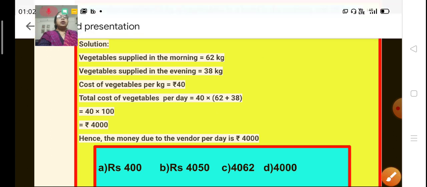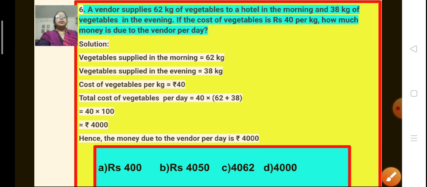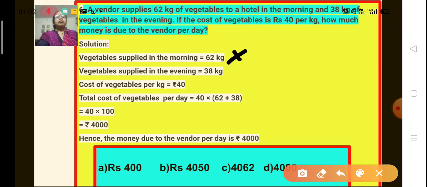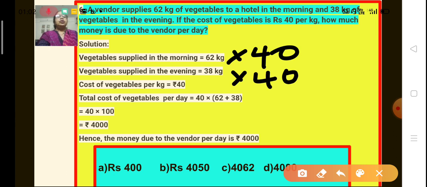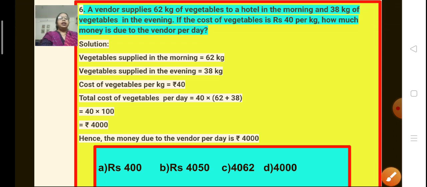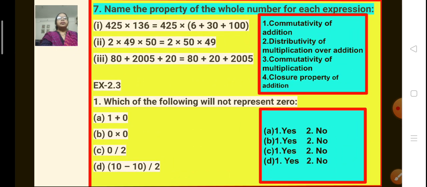You can also solve it by another method, by multiplying each quantity of vegetables with 40 and then adding the two products, and then also you will get 4000 as the result. So here we have D as the right option. This way you have to solve the problems. Now next question, it is about the property of whole numbers.